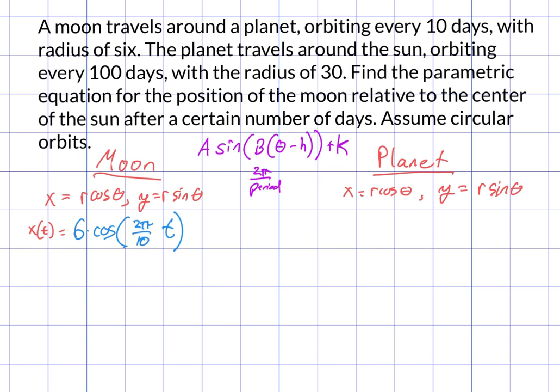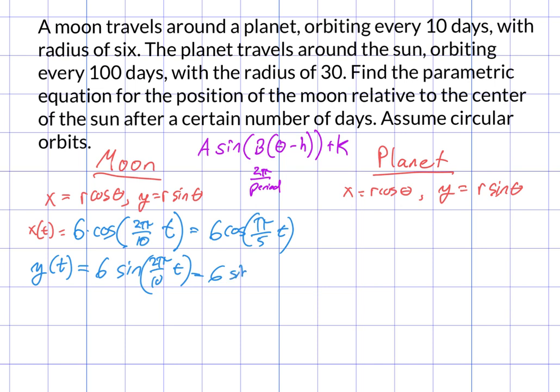That is my x parametric function for the position of the moon traveling around the planet. Y of t for the moon, 6 sine 2 pi over 10 t. Or I can simplify this as 6 cosine pi fifths t, and this will be 6 sine pi fifths t.